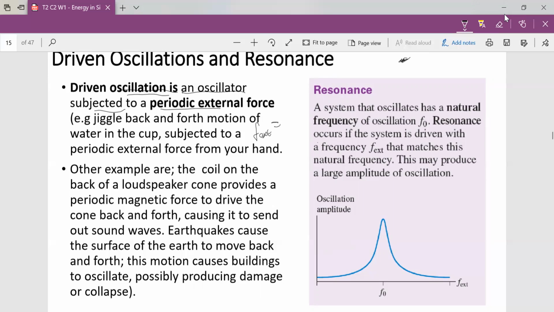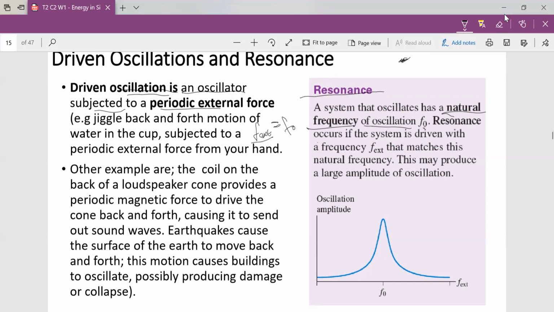We also have what we call the natural frequency of a system. That's the frequency before it's altered. That frequency is F naught. So when F naught is equal to F ext, resonance occurs at that point where the external frequency is equal to the natural frequency.